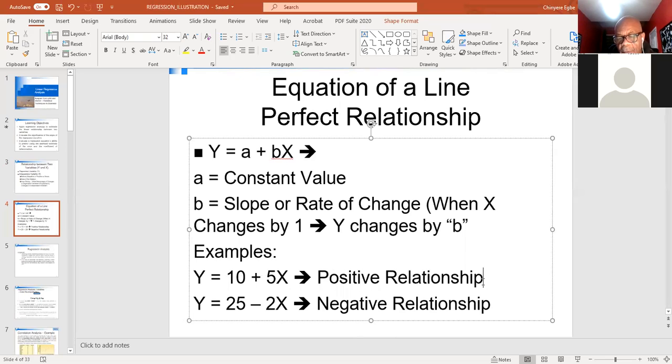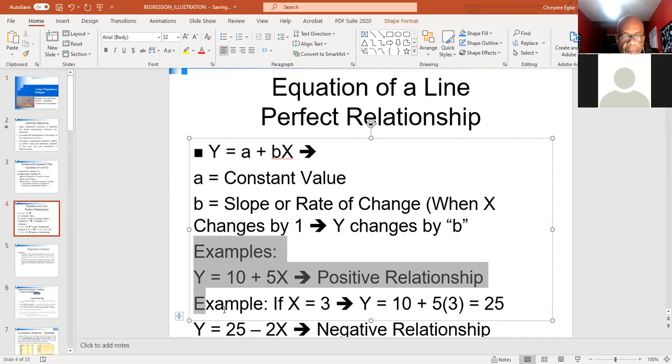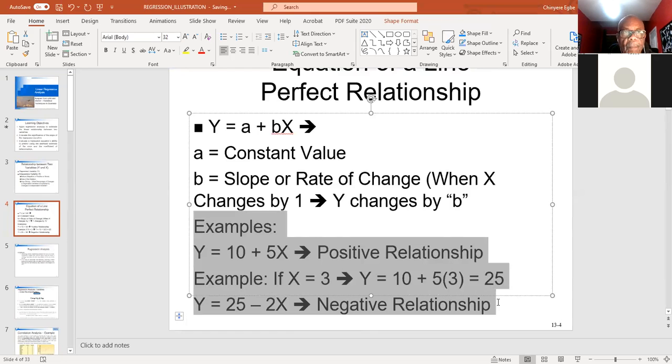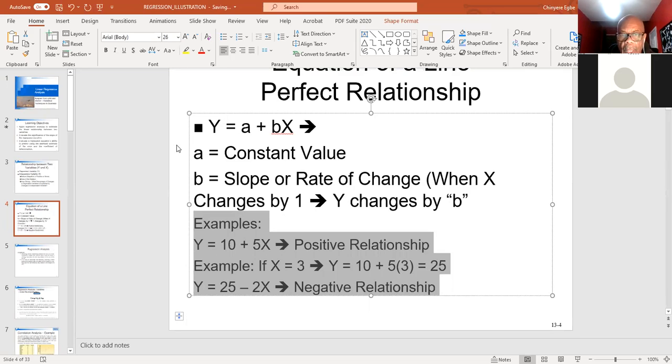For example, if x equals, say, 3, that means that y is equal to 10 plus 5 times 3, which is equal to 25. All right?